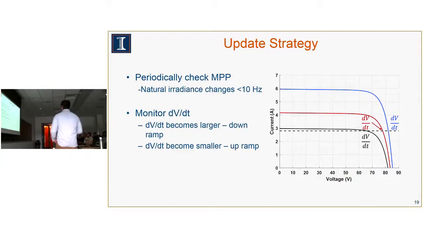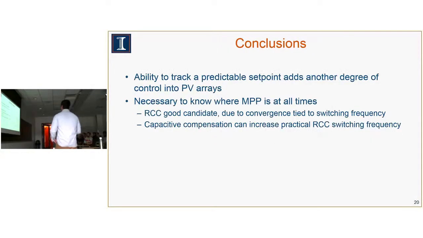Or if dV/dt becomes smaller, you've just experienced an up ramp, where it's basically the vice versa, and you've gone to a more constant region of the IV curve. That's just something we're looking into to add on.